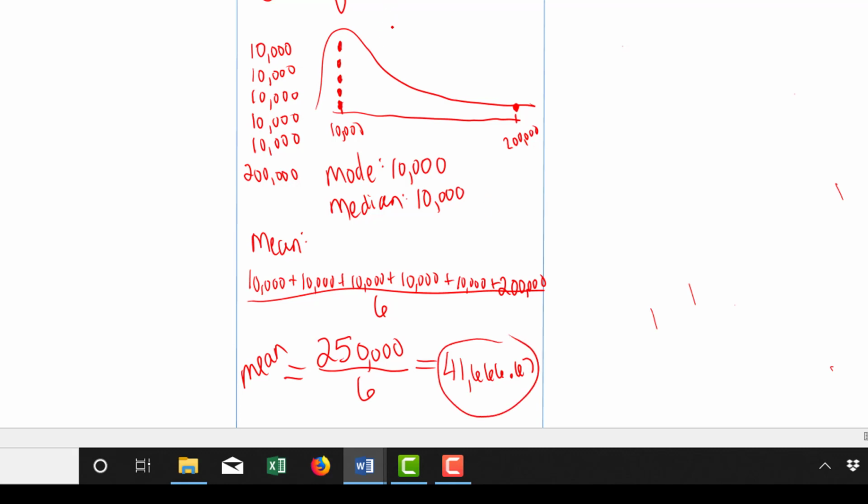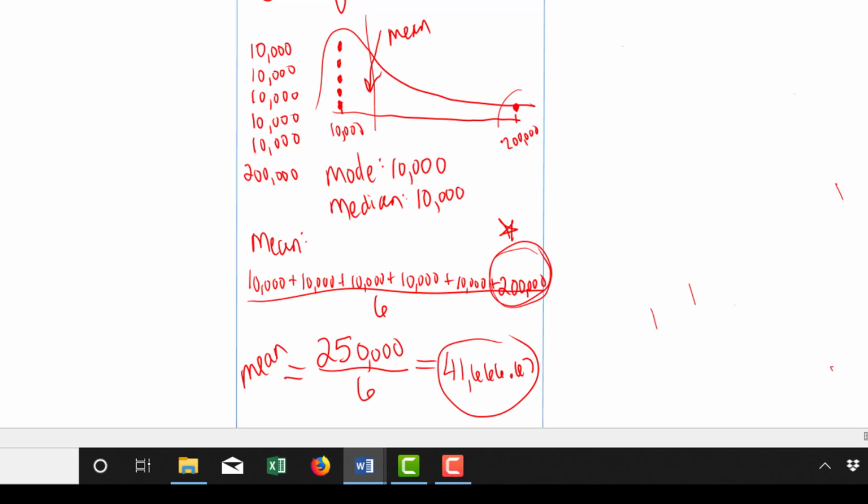So the mean here would be higher than the median. Why did that happen? Because when we calculated the mean, we had to add in this high outlier value into our calculation. But notice the median is only taking into account the data values and their order.